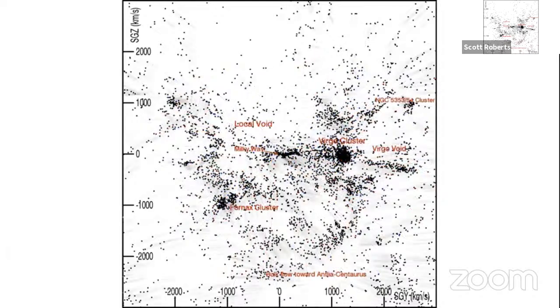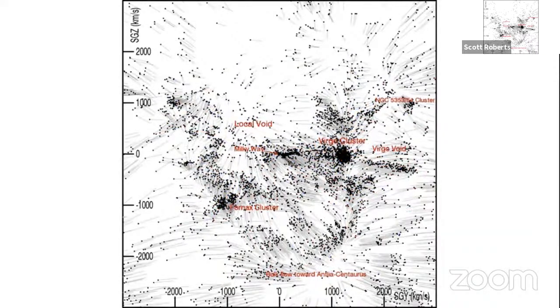The processing by the Wiener filter reveals the pattern of flows. The Centaurus region is to the background of the slab that we are viewing.